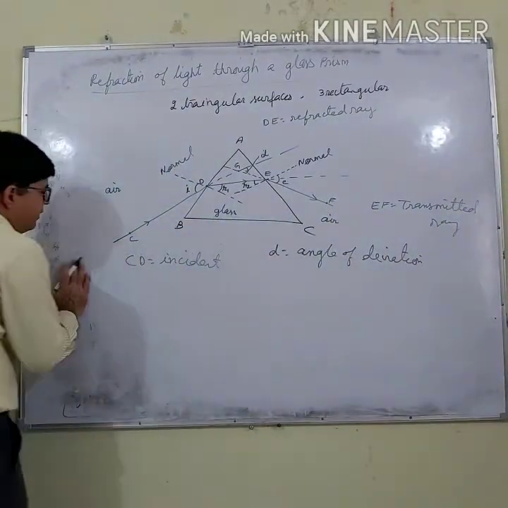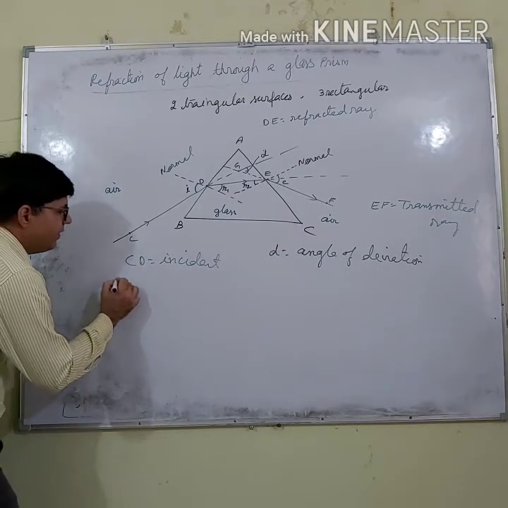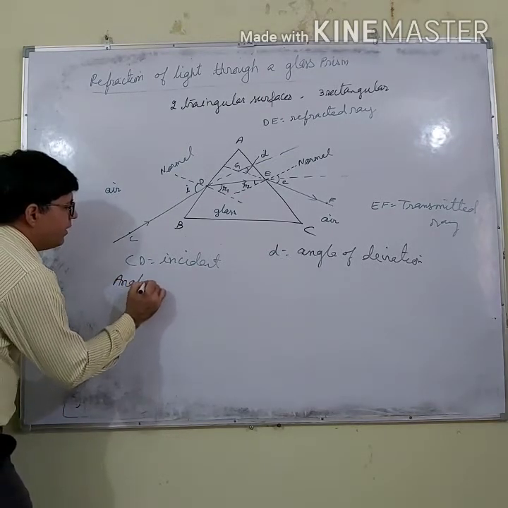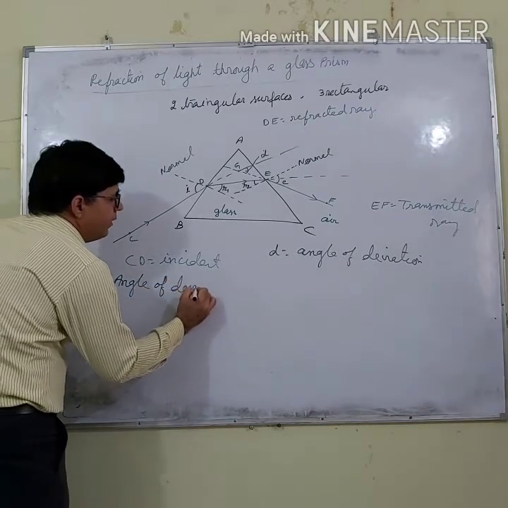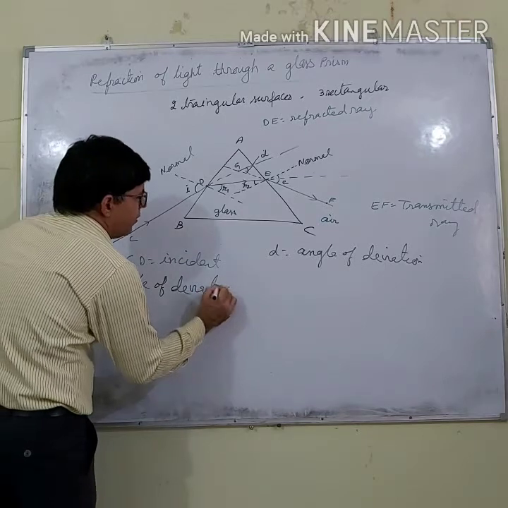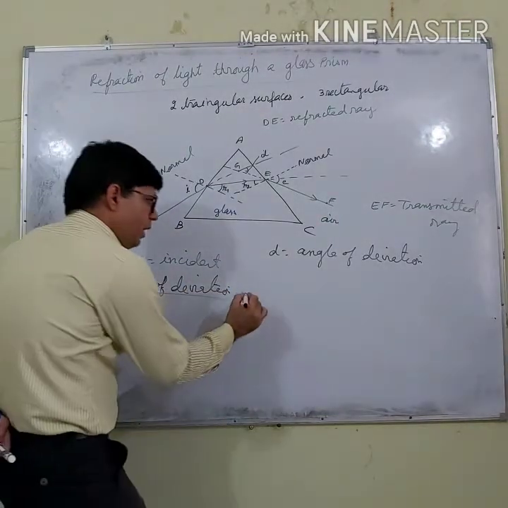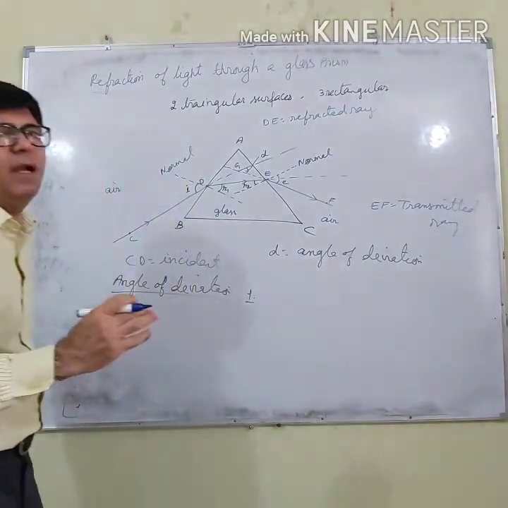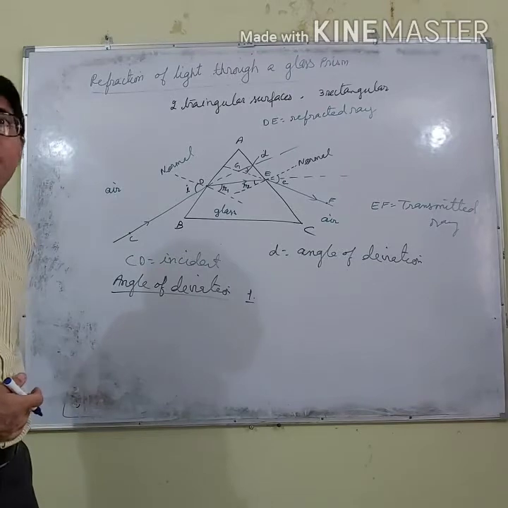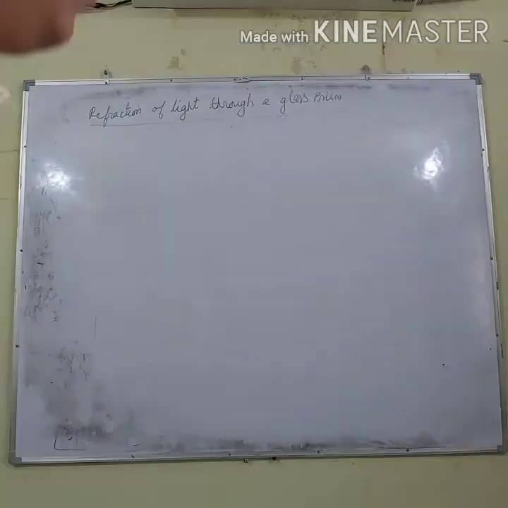Now in your syllabus, on what factors does the angle of deviation depend? What are the factors on which the angle of deviation depends? So let me discuss these factors one by one. Number one: the angle of deviation depends on the refractive index of the material of the glass prism. How does it depend?